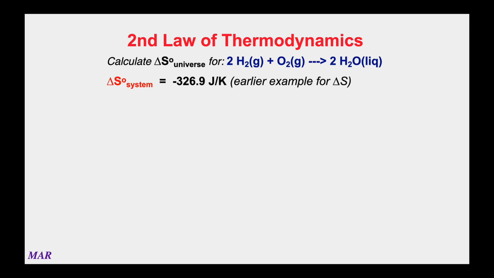If you go back in your notes, the delta S of the system, which was the products minus reactants thing we did earlier, came out to be negative 326.9 joules per Kelvin, all right? And we talked about how that's entropy disfavored, i.e. negative number, because 3 moles of gas are going to 2 moles of liquid, etc., etc.